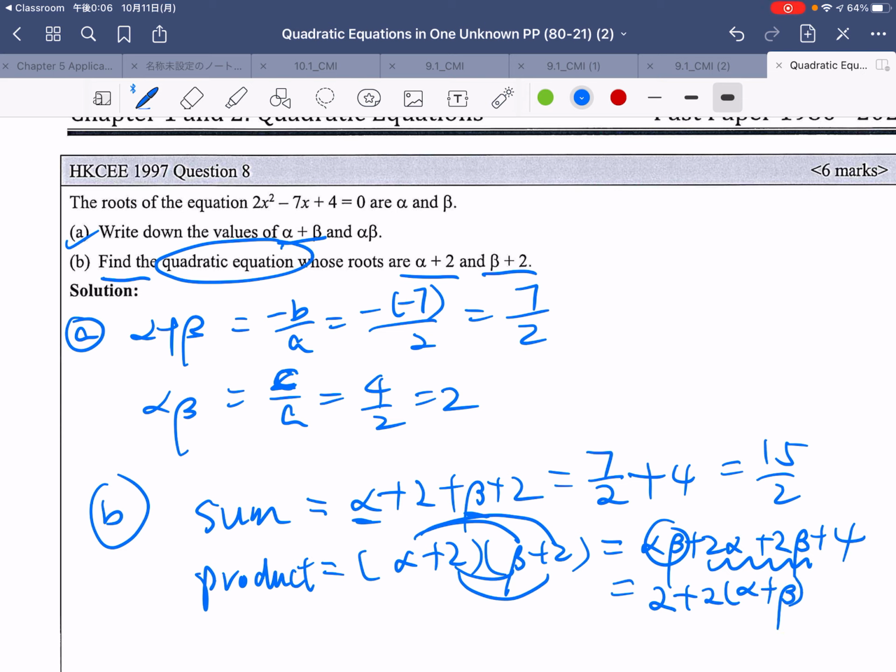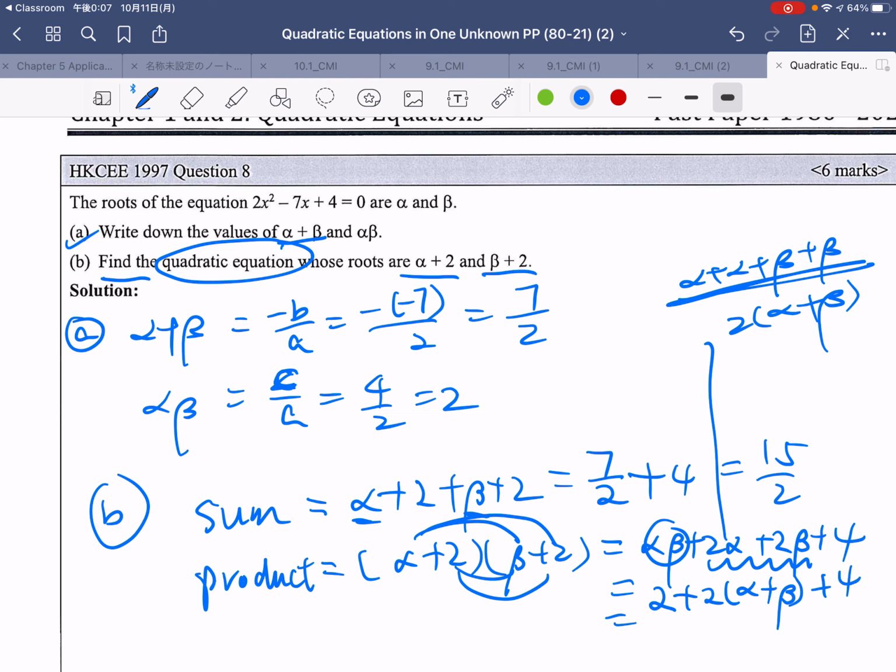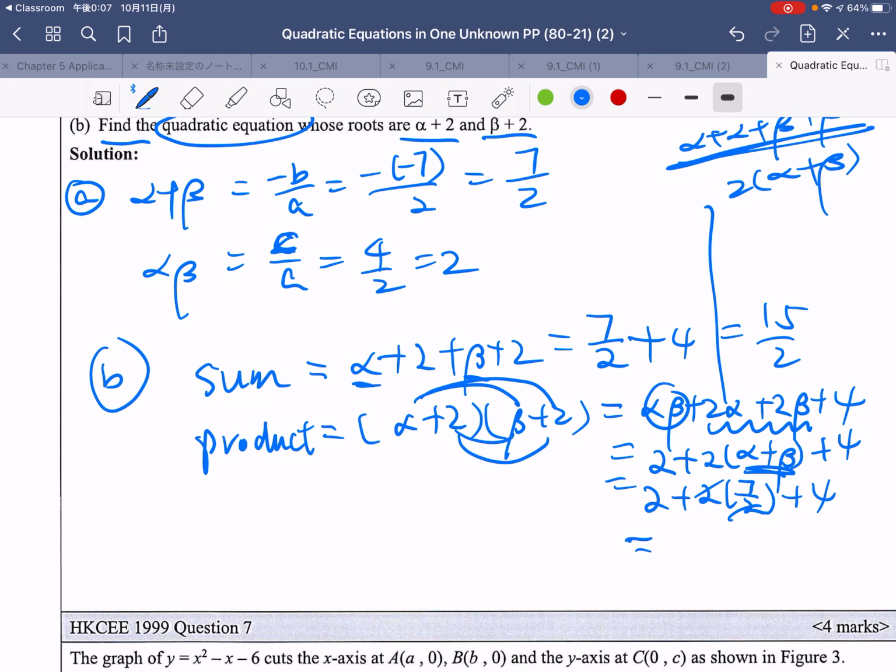If you think about it, alpha plus alpha plus beta plus beta, that means alpha plus beta is added twice, so you multiply by 2, then add 4. So this is 2 plus 7 plus 4, which is 13.